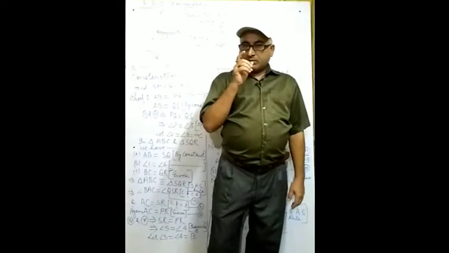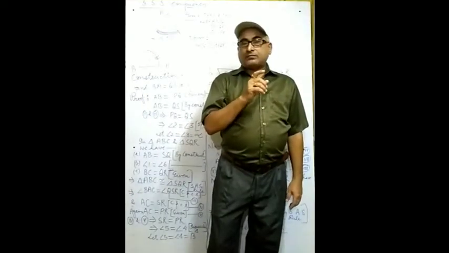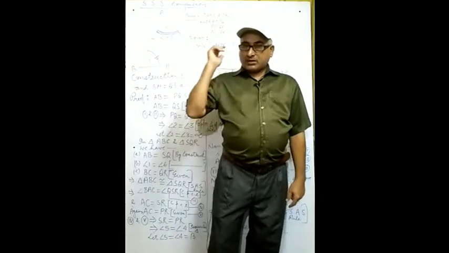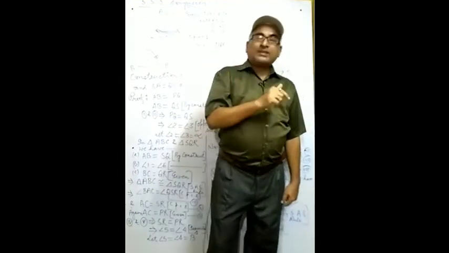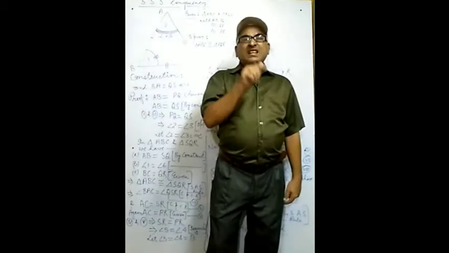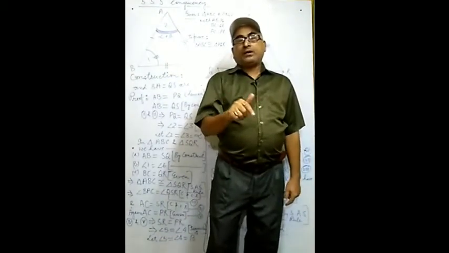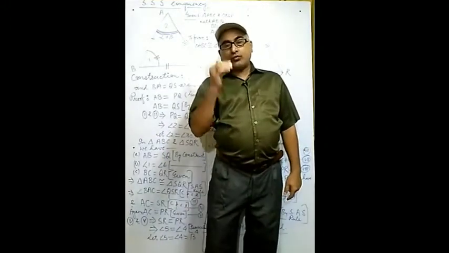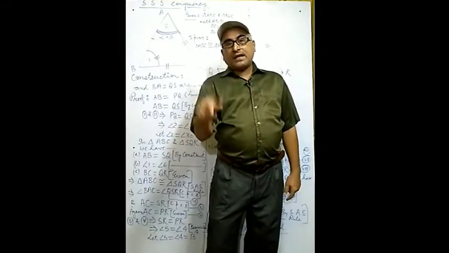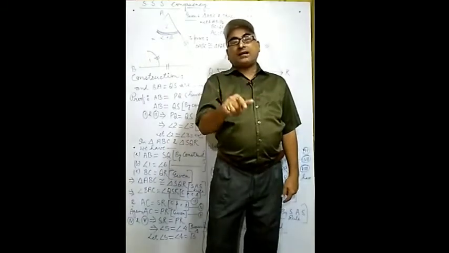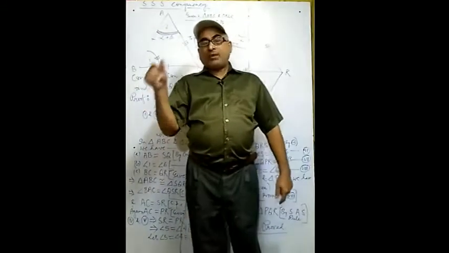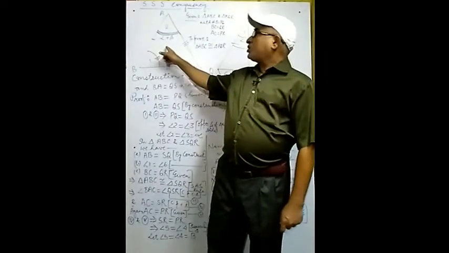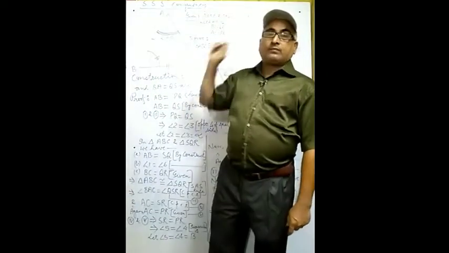Some additional constructions are required, and the problem will be transformed into the form of side-angle-side. By showing side-angle-side congruency, we will try to establish a relation between triangle ABC and triangle PQR.